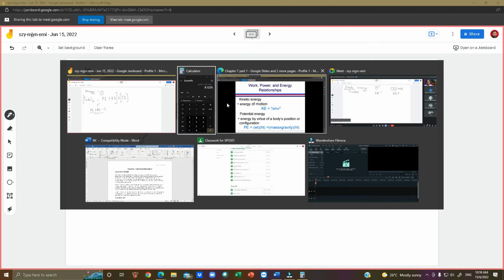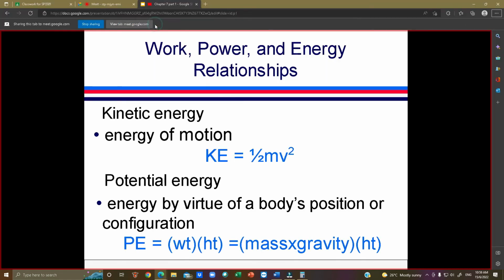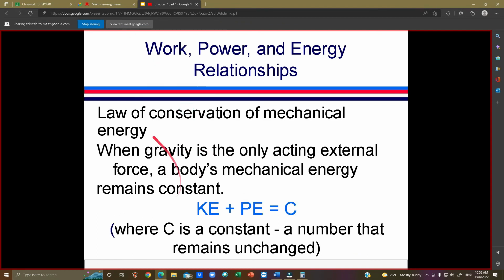Okay, kalau kamu tengok nota, you're going to have ni, law of conservation of mechanical energy. Kita dah belajar lebih kurang 3 conservation. Conservation of linear momentum, conservation of angular momentum, conservation of mechanical energy.